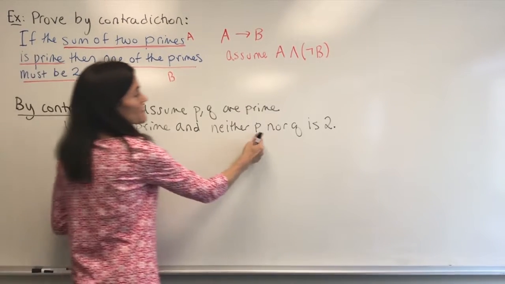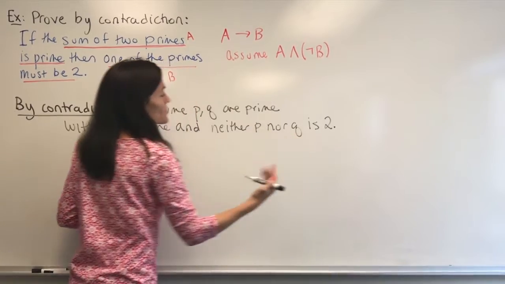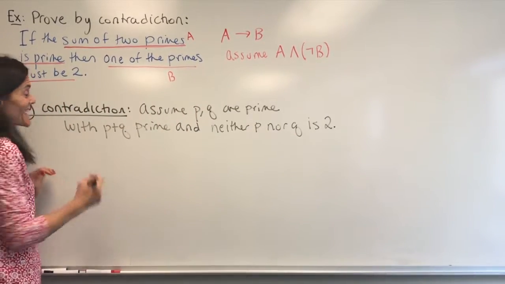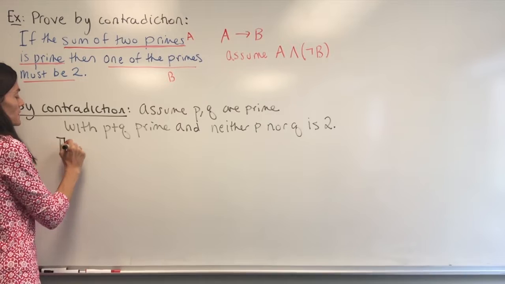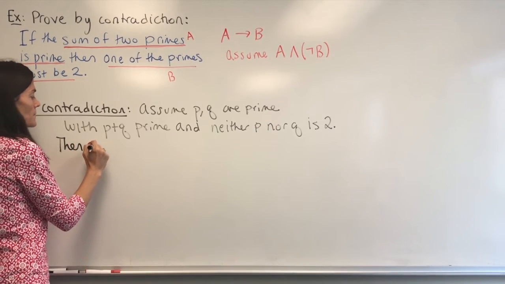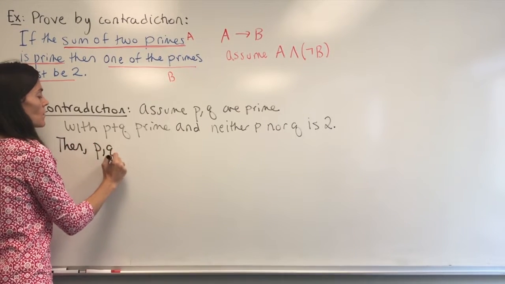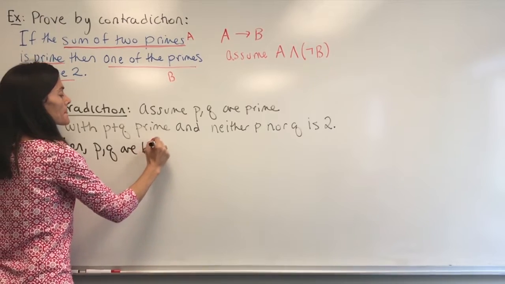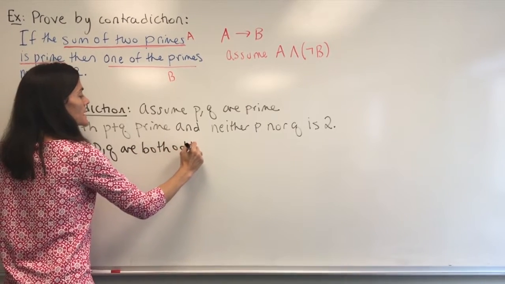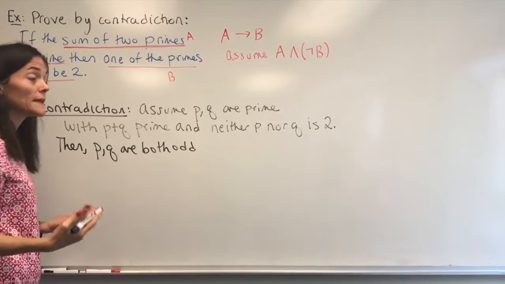Well, if neither of these are 2, then they both must be odd. We just discussed this. So then P and Q are both odd, because 2 is the only even prime number.